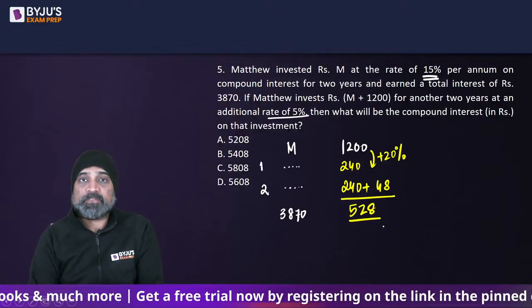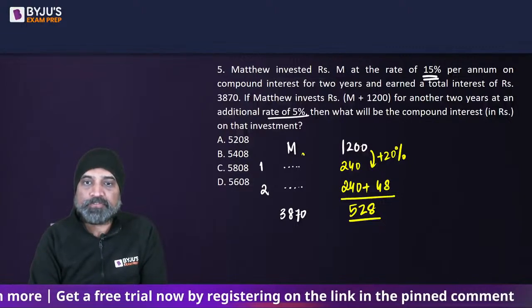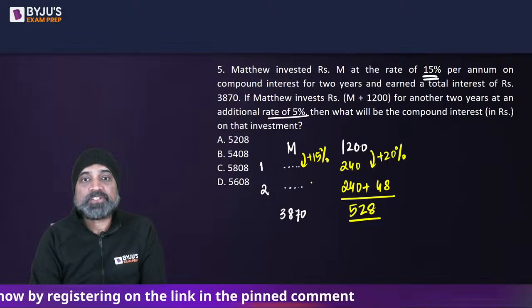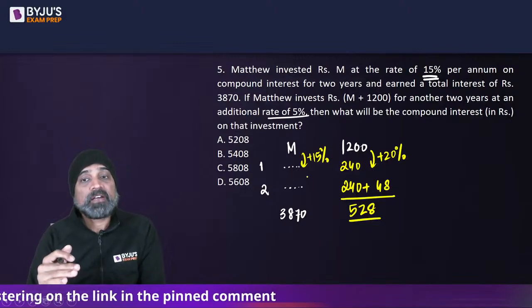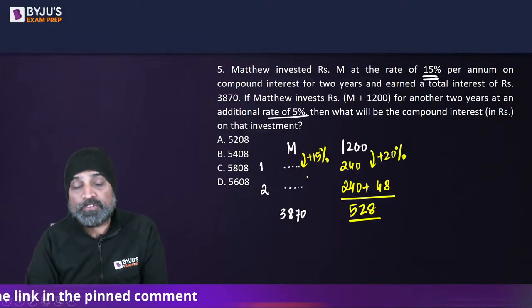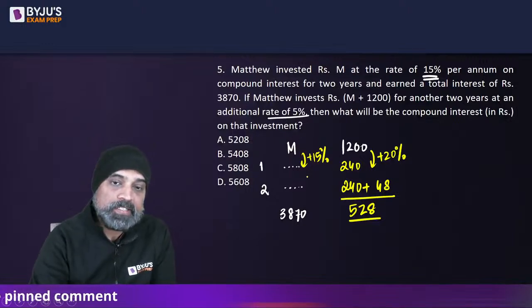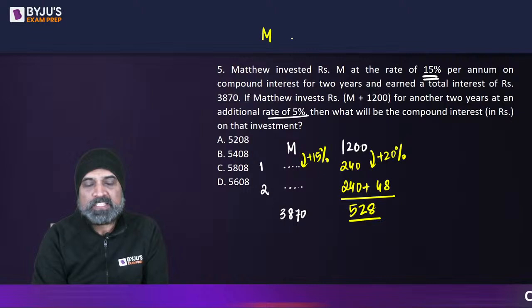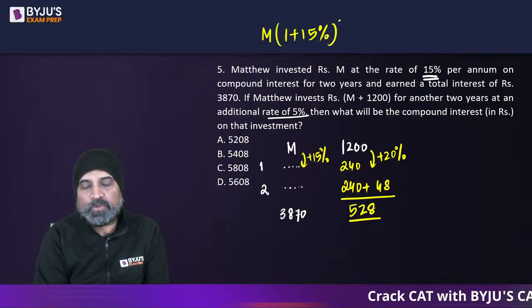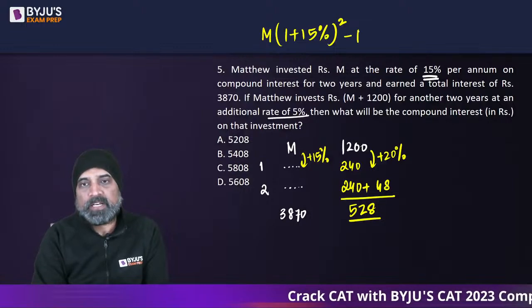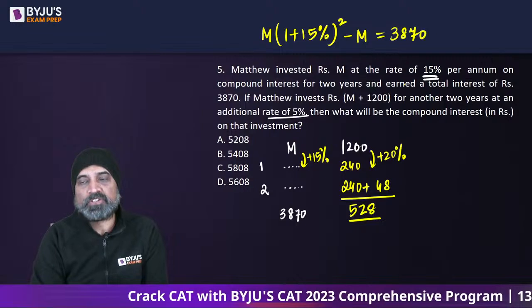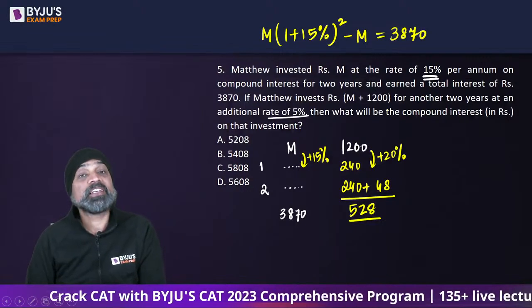And he was getting 3,870 at 15%. Now the question says it should now be 20% and not 15%. So from here, can we say that the principal is M at the rate of 15% for 2 years? And if we subtract M from there, we get 3,870, because 3,870 is not the amount, it's only the interest.